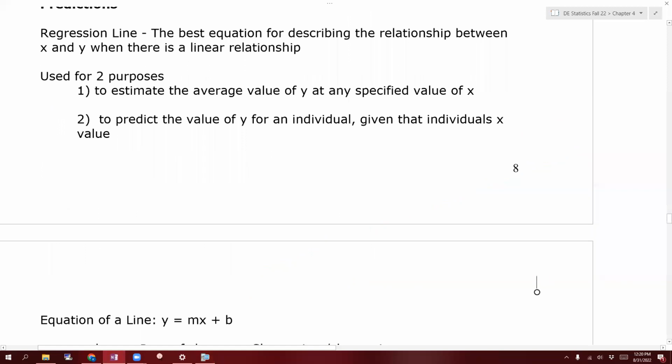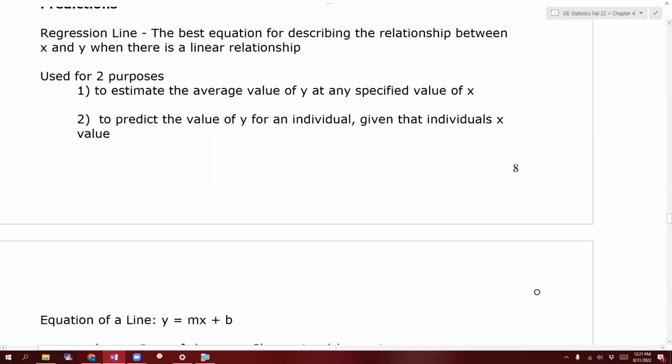Once we come up with that, it can be used for 2 different purposes. One, it can be used to estimate an average of the Y value at any specified X. And 2, it can be used to predict the value of a Y for an individual given that X value.